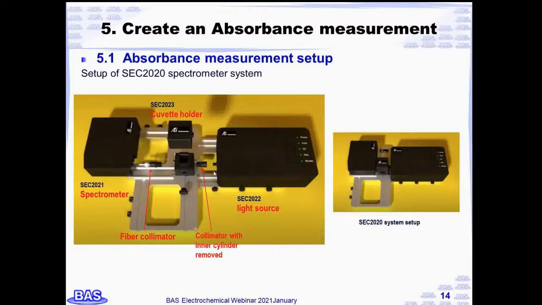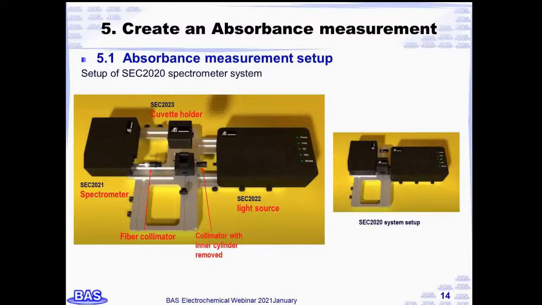Attach the collimator with the inner cylinder removed to the cuvette holder at the opposite side, and install the light source so that it enters the collimator. Fix with the platform screw at the position. The completed setup is shown on the right.